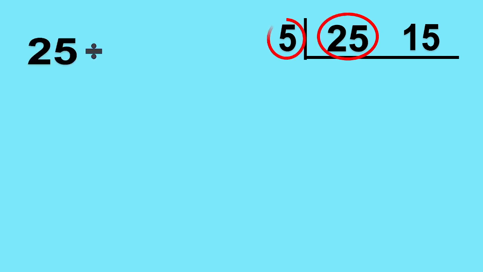Now, let's proceed to division. 25 divided by 5 equals 5. Let's write the quotient below the number.